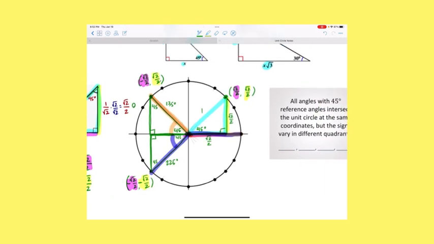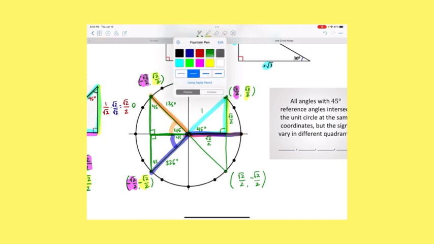Okay? And then we're going to go one more time into quadrant 4. So into quadrant 4, again, same exact triangle, which means the same exact coordinates. But we're in quadrant 4, so this is a positive x and just a negative y. And now what is the measure of the angle that we're looking at? So again, we have here a 45-degree reference angle for an angle that starts here and stops here.